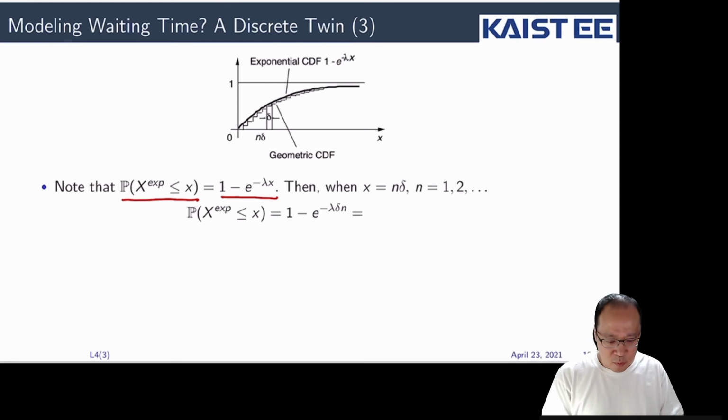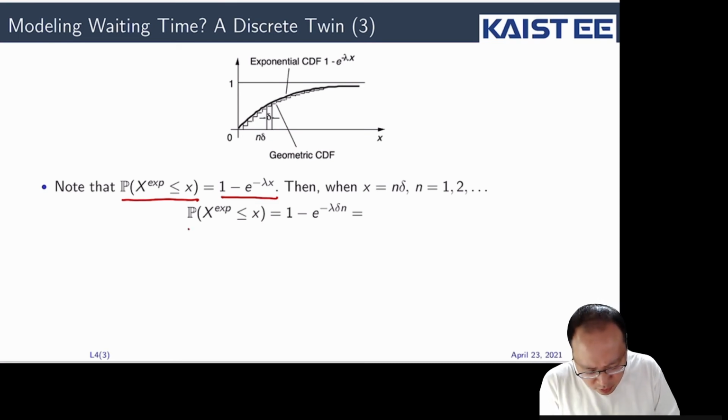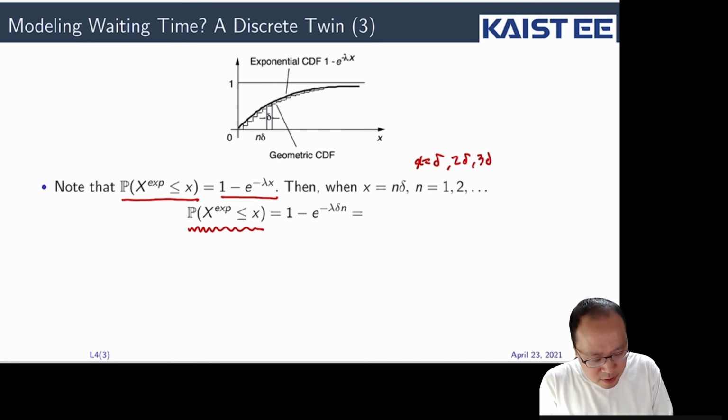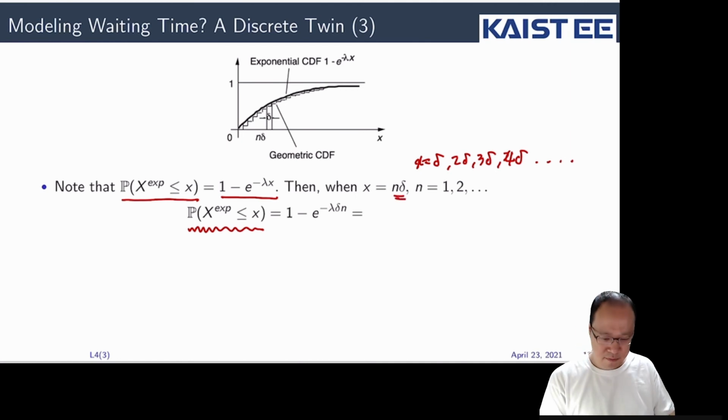Okay. What I'm interested in is the CDF values for a very specific set of values of x. I'm interested in what happens to the CDF of the exponential random variable at delta, 2 delta, 3 delta, 4 delta, and so on. Generally n delta.